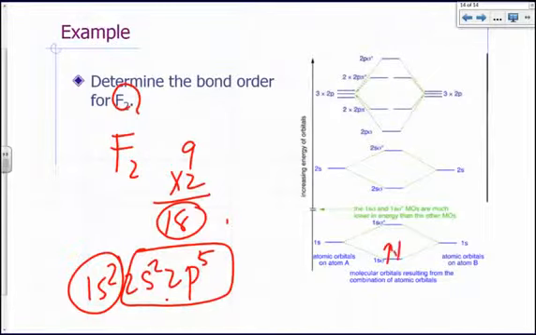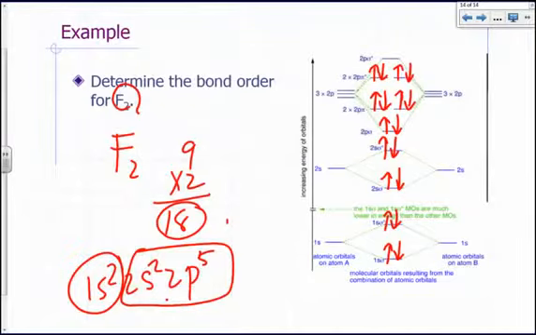We have 1, 2, 3, 4, so 2 in the 1s sigma, 2 in the 1s sigma star, and then 5, 6, 7, 8, 9, 10, 11, 12, 13, 14, 15, 16, 17, 18. Now, if you look at these orbitals, let's look at the bonding orbitals.